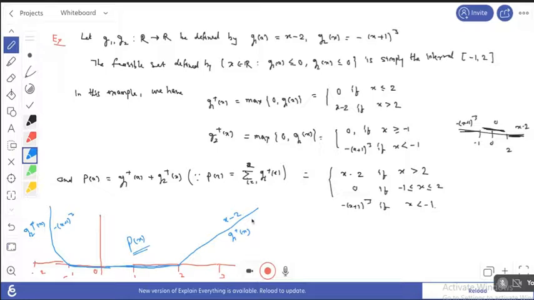The absolute value penalty function may not be differentiable at x where gi(x) equals 0. So here p may not be differentiable at the points minus 1 and 2.